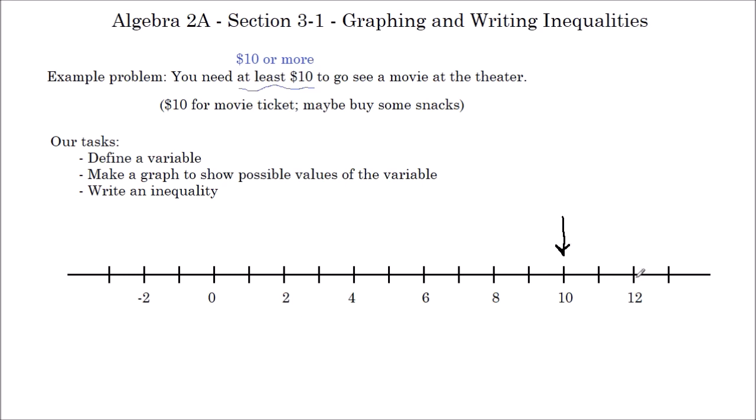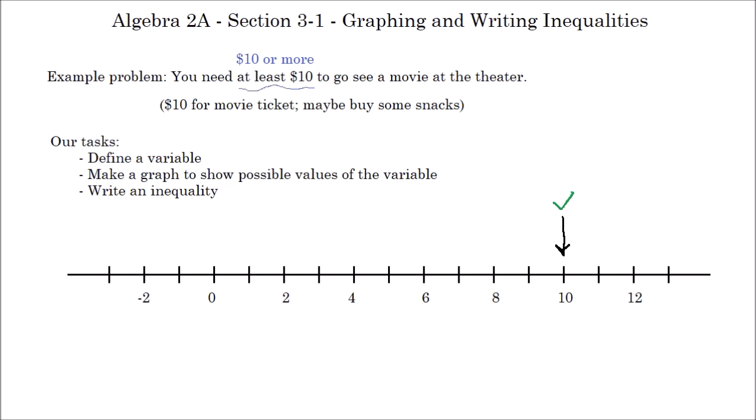In this situation, the answer would be yes, because that'll get us the ticket. We won't have any money for snacks, but that's okay. We can still go see the movie. So 10 works. I'm going to put a green check mark for this. That would be what we would call a solution to this problem. $10 would solve the problem of us being able to go see the movie.